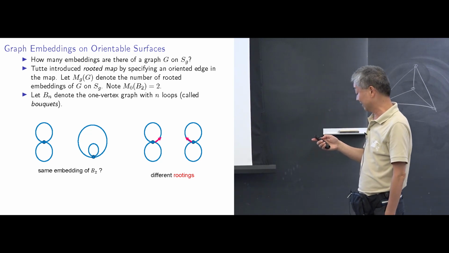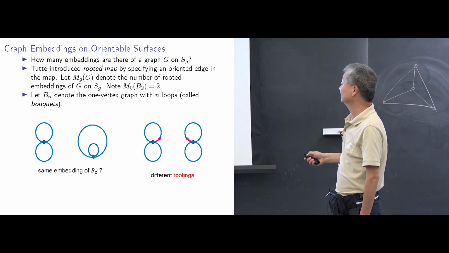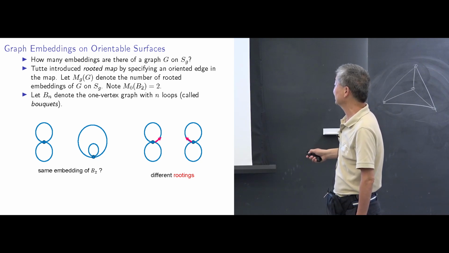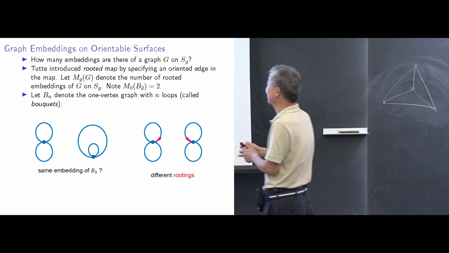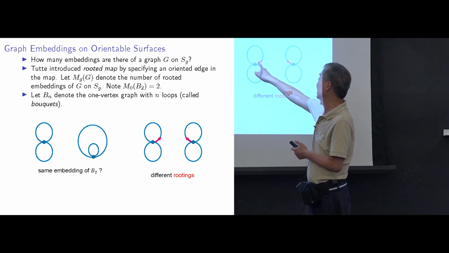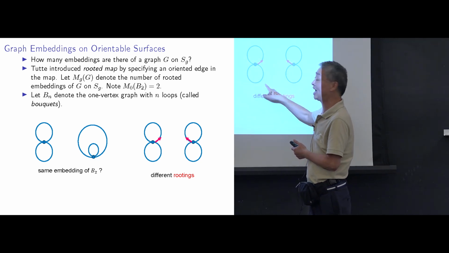homeomorphism. Right? But if we look at the rooted version, right here, this is the root vertex, well, that's the only vertex, but if I choose this loop as the root edge, you can choose the root edge this way or this way, and these are two different rootings. The reason is that if you look at the right side of this root edge, this face, usually called the root face, has degree 2.